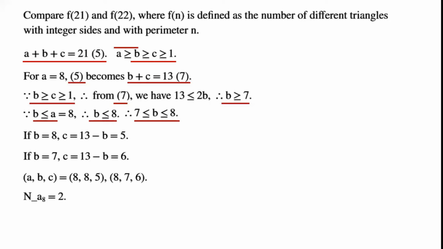So the number of triangles with largest side 8 equals 2.